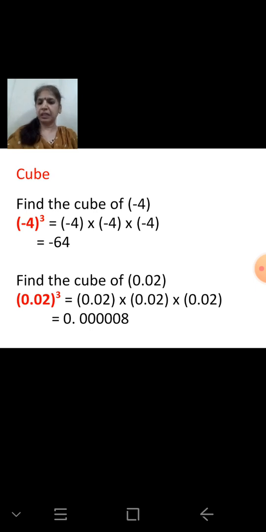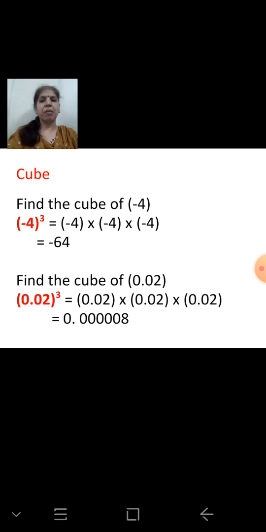Then the decimal part. After the decimal there are 2 places, so 2 plus 2 plus 2, total 6 places. So your 8 should come at the 6th place. So it is written as 0.000008, which means 5 zeros and then 8, because it is the 6th place.